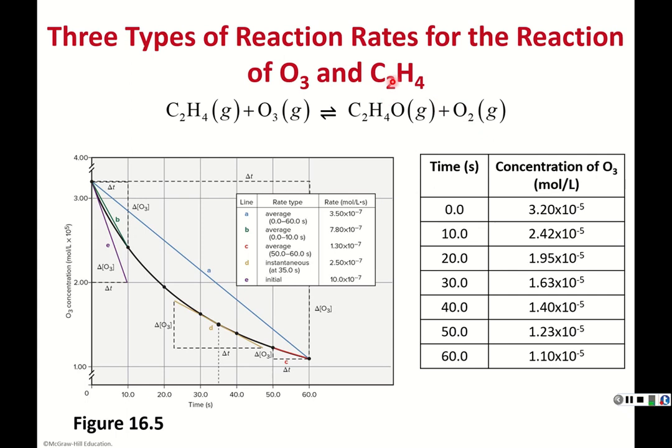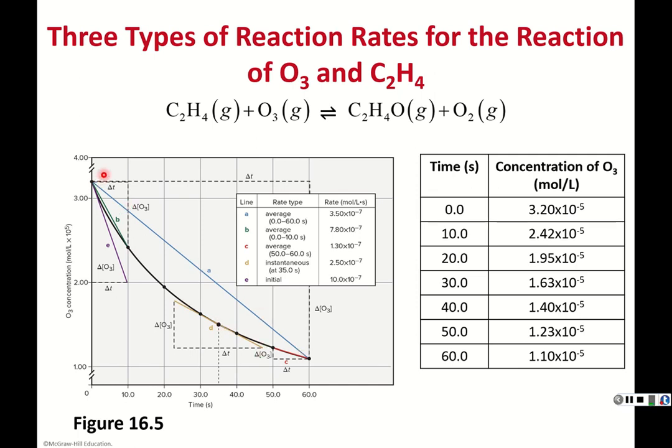If you look at this black line, it shows the concentration of ozone at certain points. We're following it at different time points, which are listed here. You see that it's not a linear line, it's sort of sloping down. So we can measure the rate, the change per time, different ways.